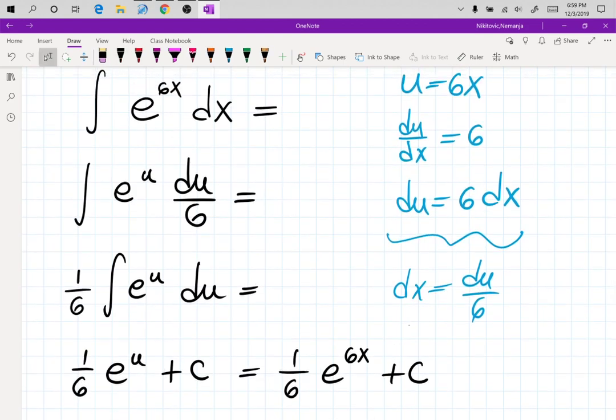I'm just going to write the problem on the board and then give you a few seconds to work on it. Integral of sine 3x dx. Use the same steps that you see on the board.